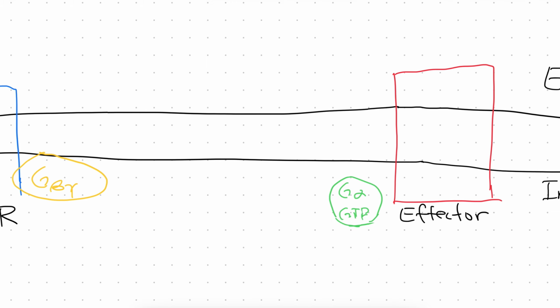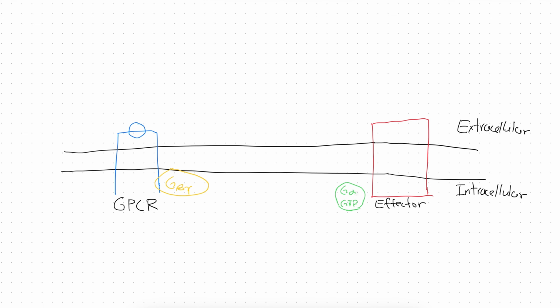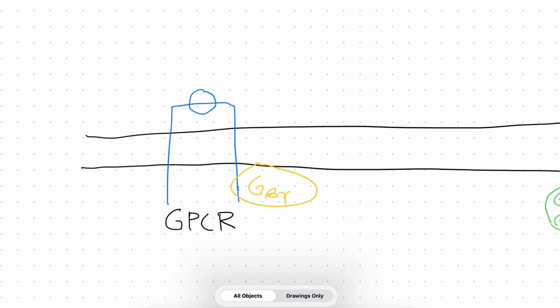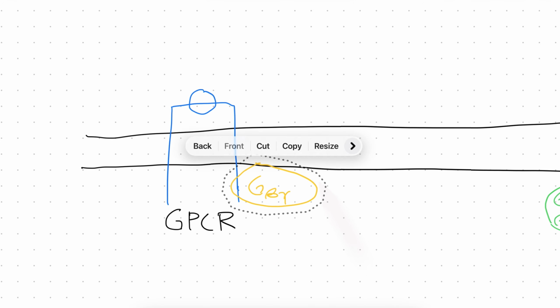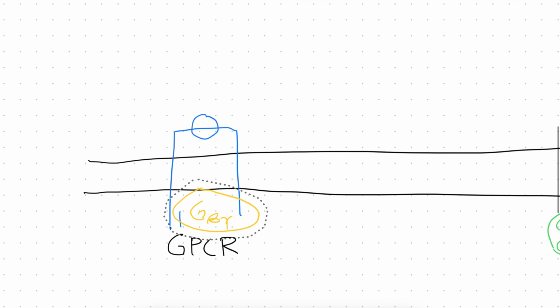So it binds to the effector, and this G beta gamma is still gonna keep binding to the GPCR over here.